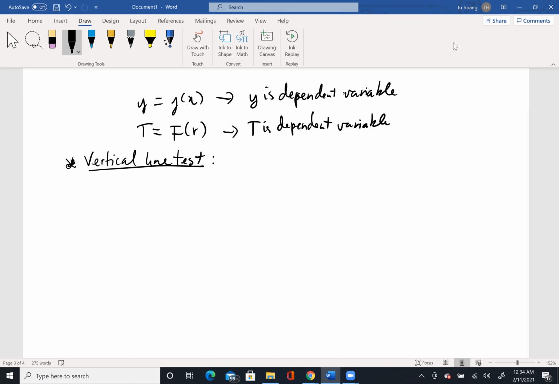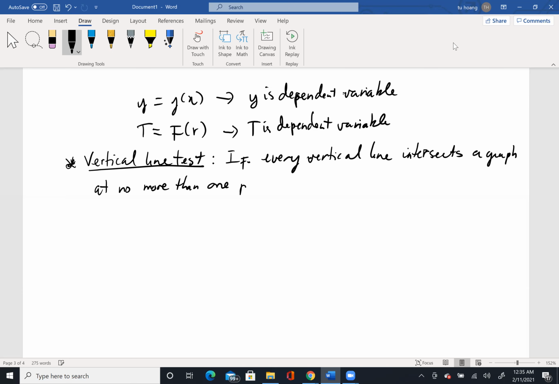The vertical line test is: if every vertical line intersects a graph at no more than 1 point, the graph represents a function.